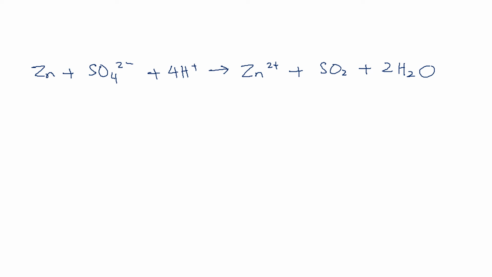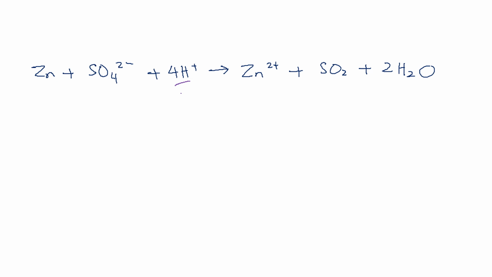So how to change this equation to basic? We have to add OH-. If H+ determines that the equation is acidic, OH- determines that the equation is basic. How many OH- must be added to both sides of the equation? We have to check the number of H+. In this question, we have 4 H+.